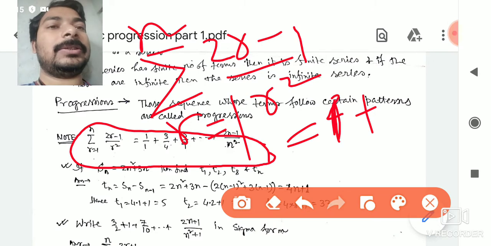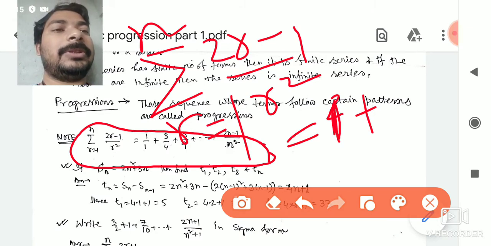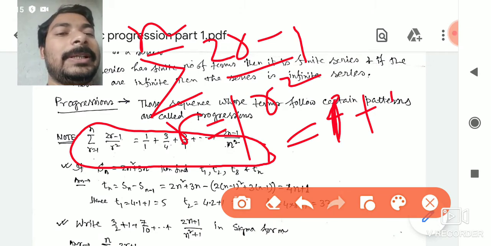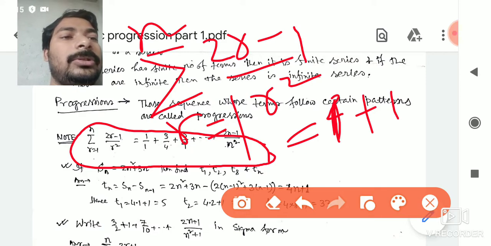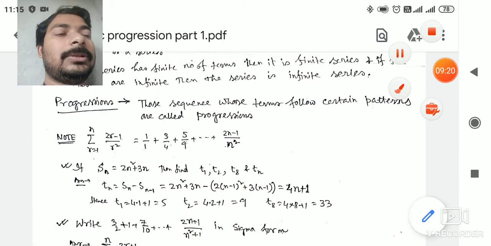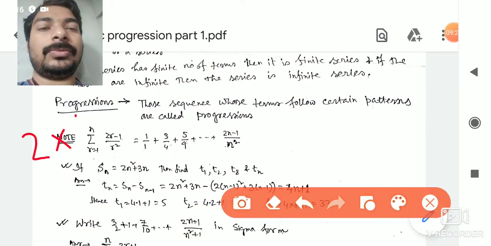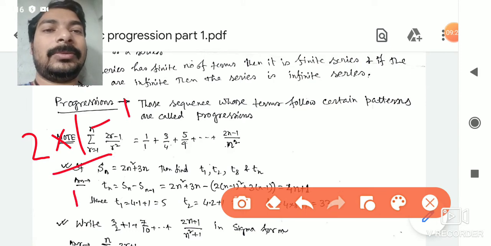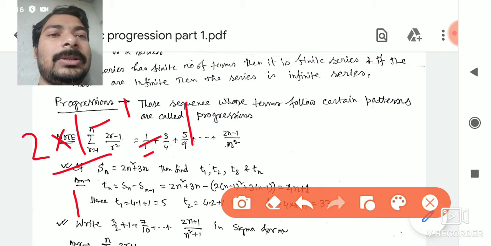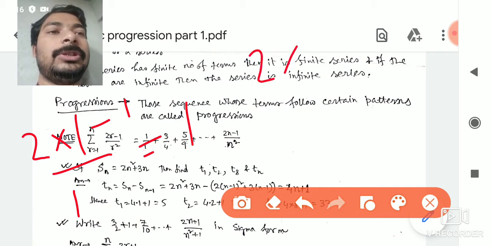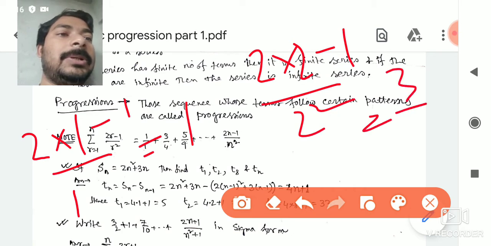Just a minute, let me write it clearly. The first term, that is 2 into 1 minus 1 by 1 square, is equal to 1. The second term is 2 into 2 minus 1 by 2 square, that is 3 by 4.